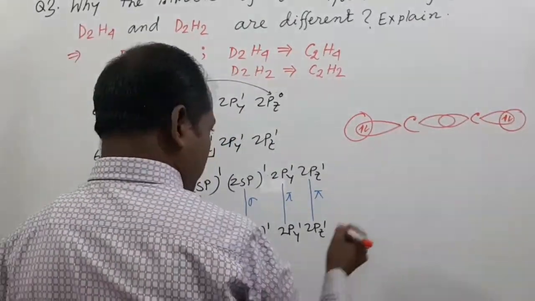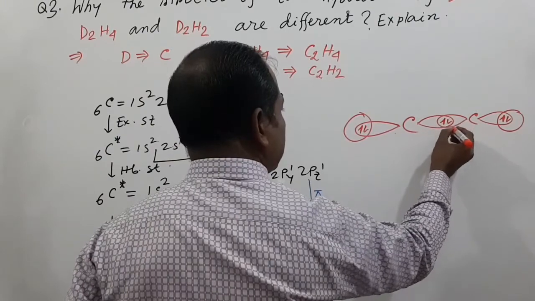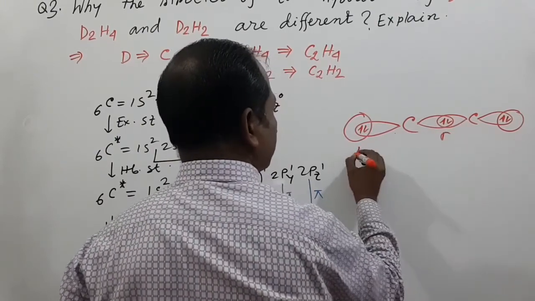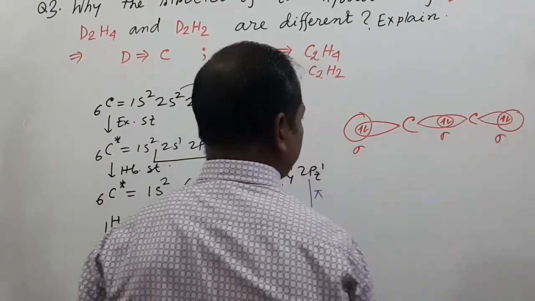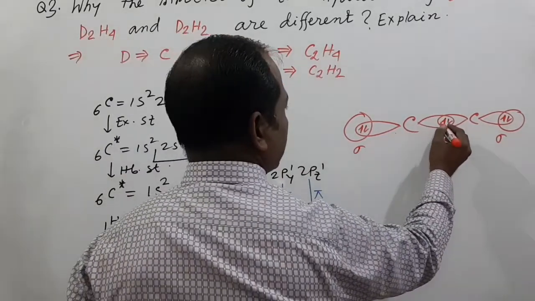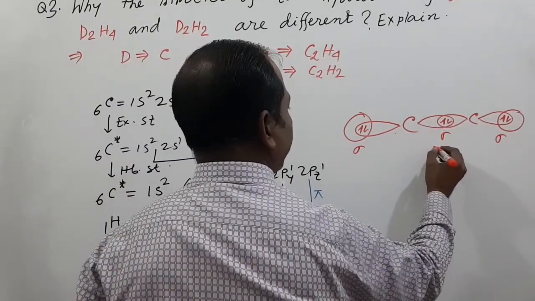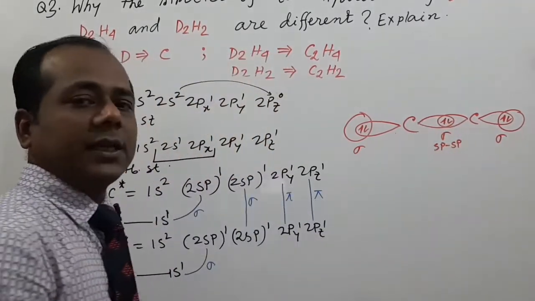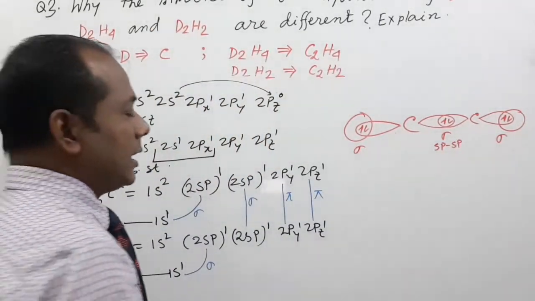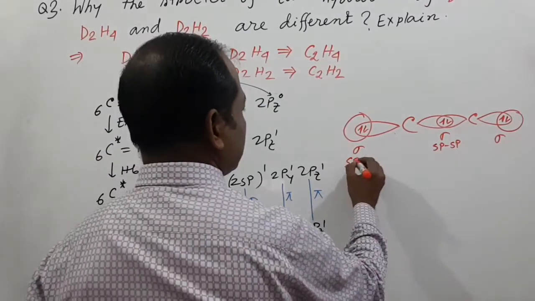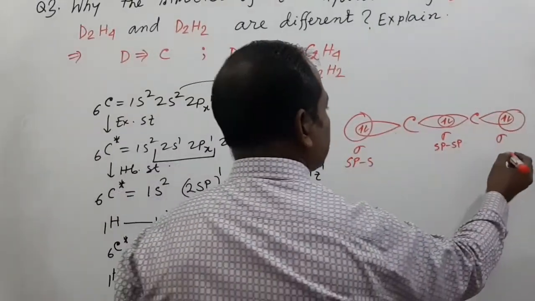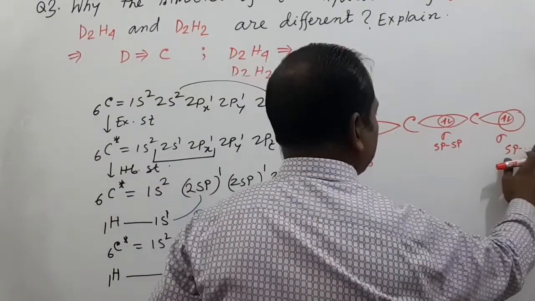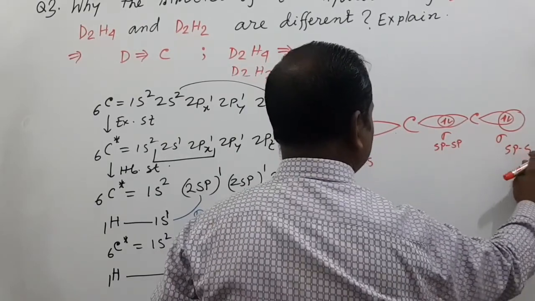Here, my dear students, this is a sigma bond, this is also sigma, this is also sigma, and we can name these sp-s bonds, this is also an sp-s bond, my dear students.